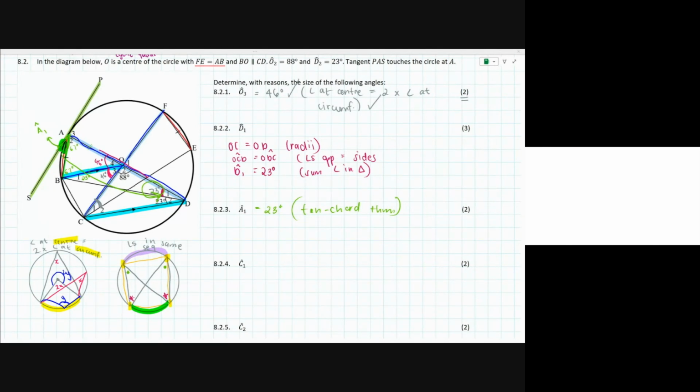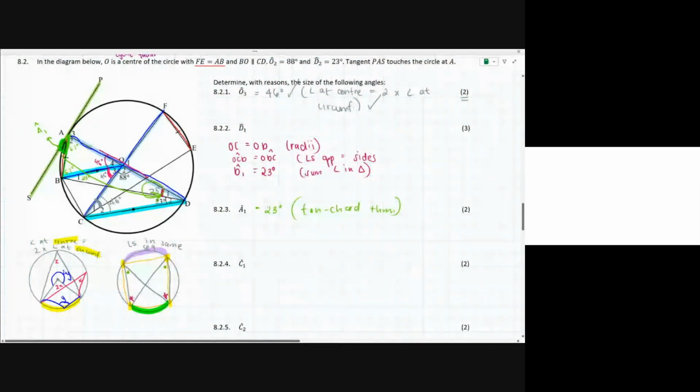Right, Miss Lexi, I like what you are thinking and you are on the right track, but just remember, it would be the whole angle at C. So that whole thing would be 46 degrees. So be careful.